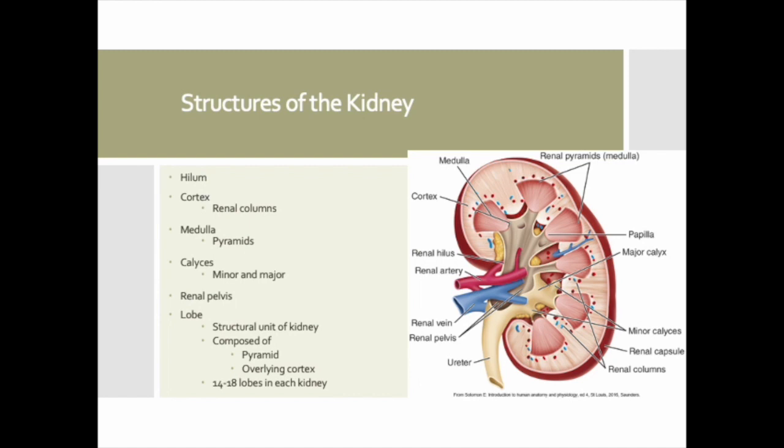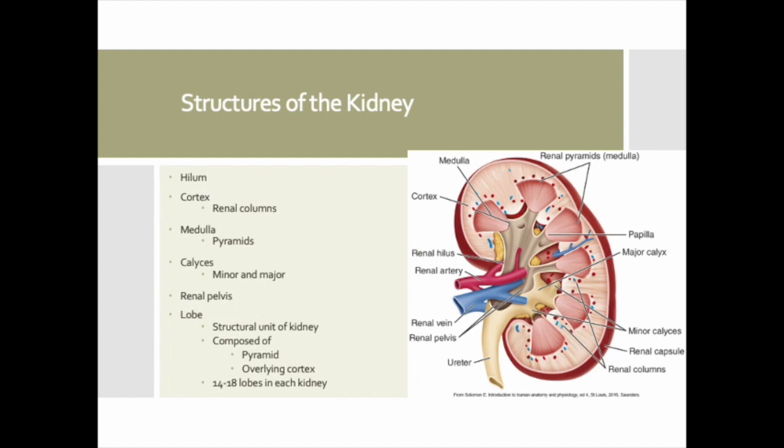The outer layer of the kidney itself is called the cortex. The medulla forms the inner parts of the kidney, and within the medulla you have several regions. Each of these regions are called pyramids or renal pyramids. Renal columns are an extension of that cortex, and it extends into each of the pyramids to the renal pelvis.